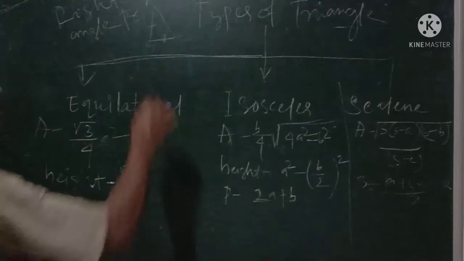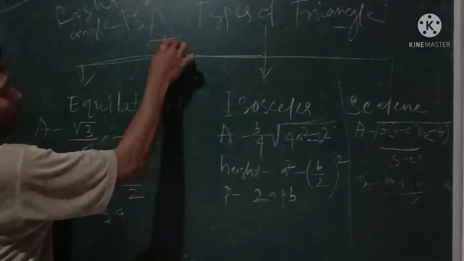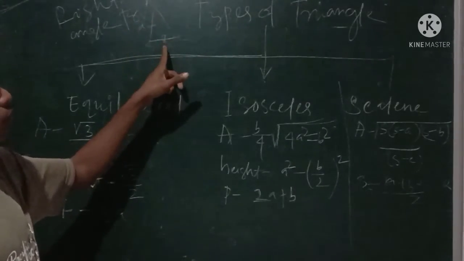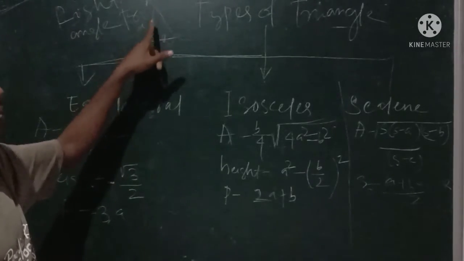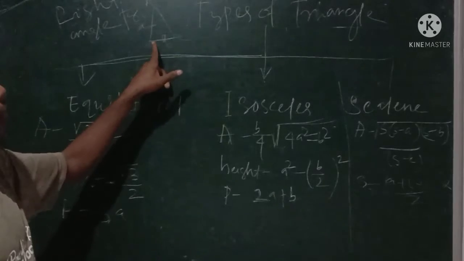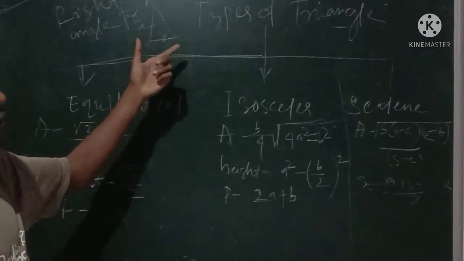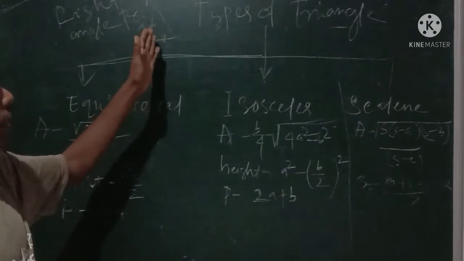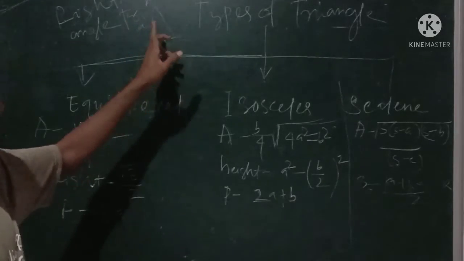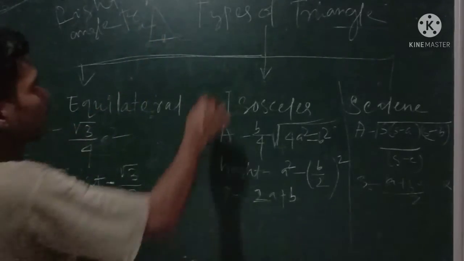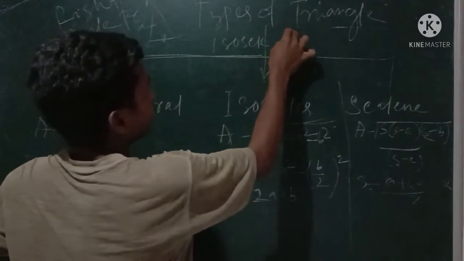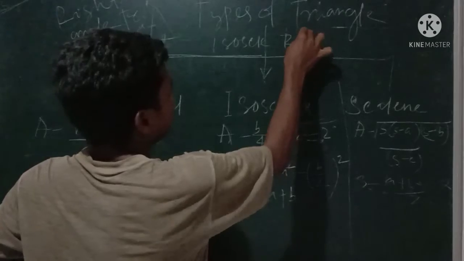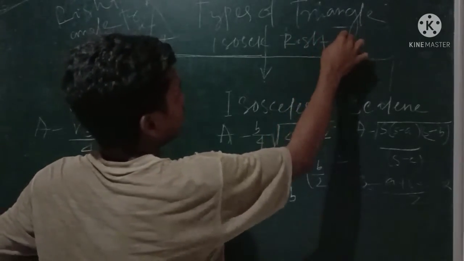If this side AB is a and BC is also a, the sides are equal, so we call this triangle an isosceles right triangle.